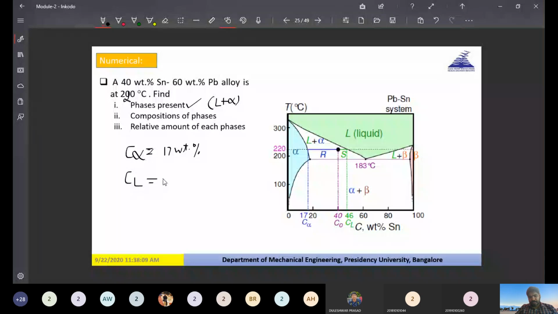So the composition of liquid will be 46 weight percent.